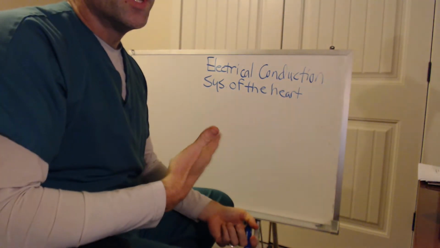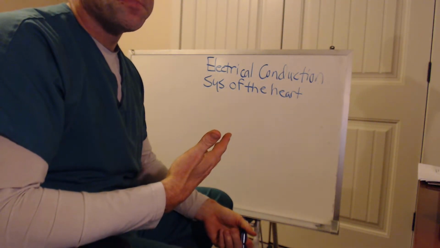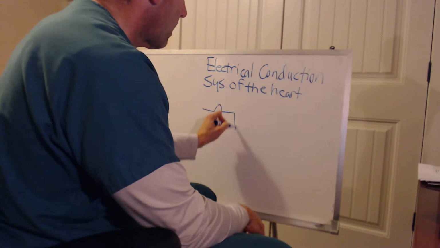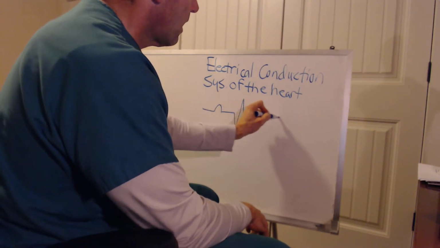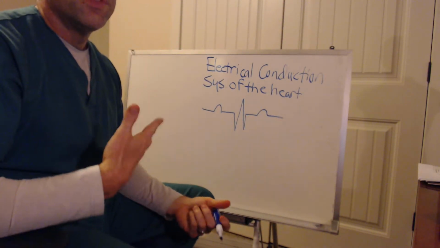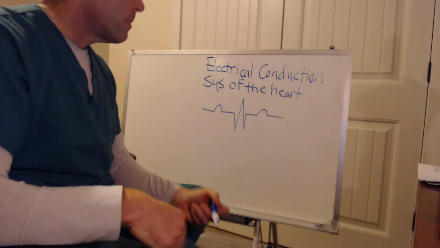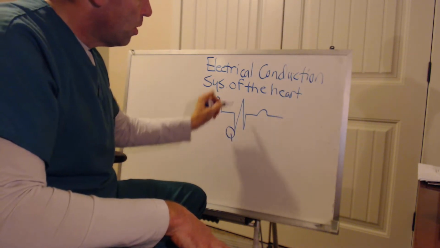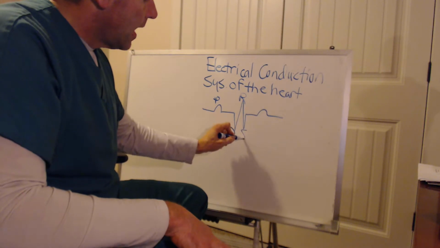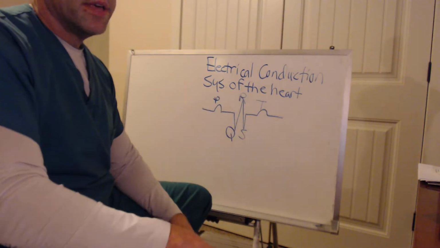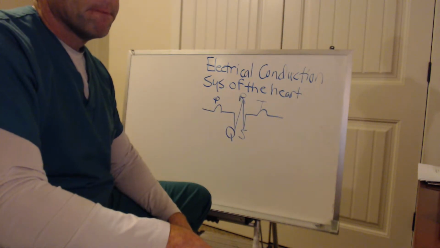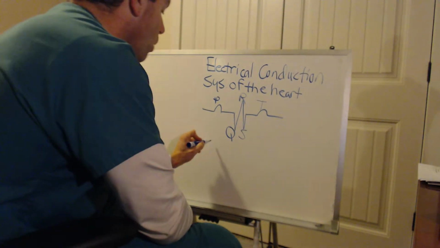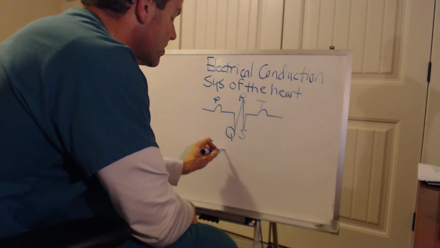So the electrical conduction system of the heart is what produces this on the EKG, the electrocardiogram. The P wave, Q, R, S, and T waves. This is going to be what we would refer to as the cardiac cycle.